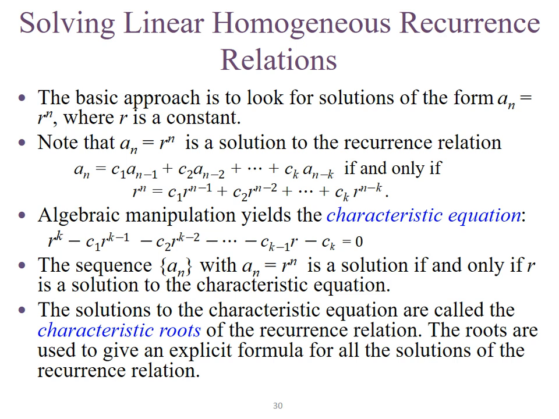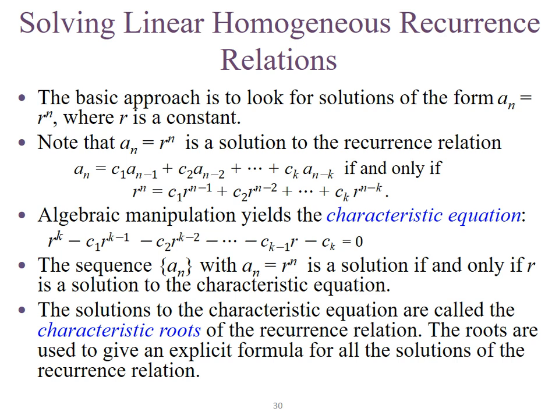Once we assume the answer, then we can substitute into our original recurrence relation. Take the general form of a linear homogeneous recurrence relation with degree k. In this case, the general form is an minus 1 to an minus k times constant coefficients c1 to ck. If we know an equals r to the power of n, then we can replace each term by this solution.